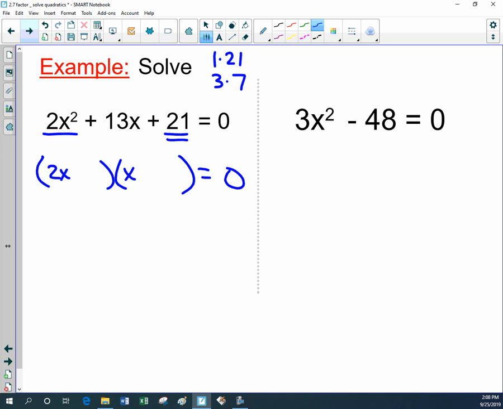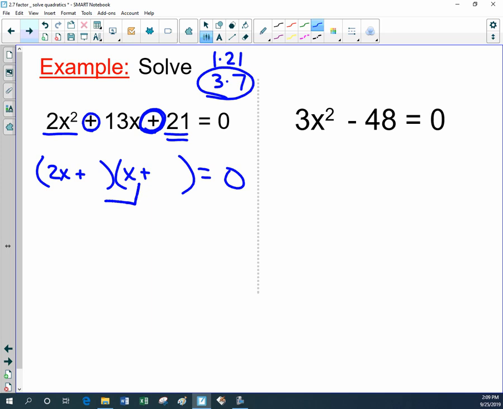And if I look at what's going on with the signs, that'll help me further understand what I should do here. This term is positive, which means both signs are going to be the same. The middle term tells me what they're both going to be. So both are positive. Okay, the factors, let's try 3 and 7.